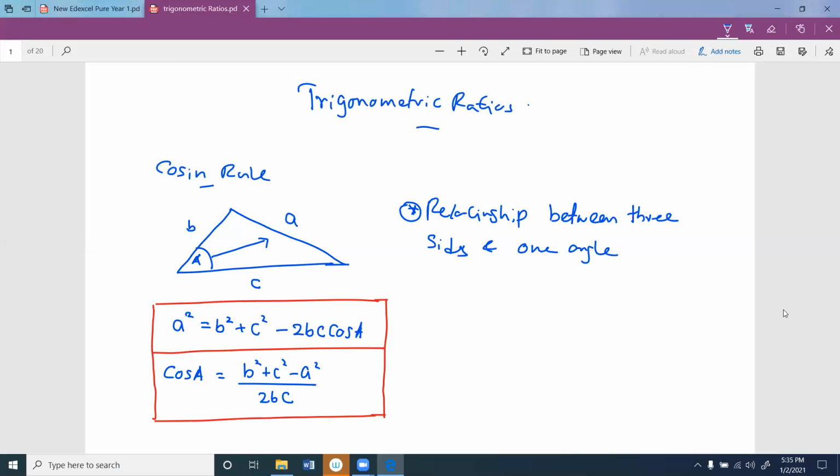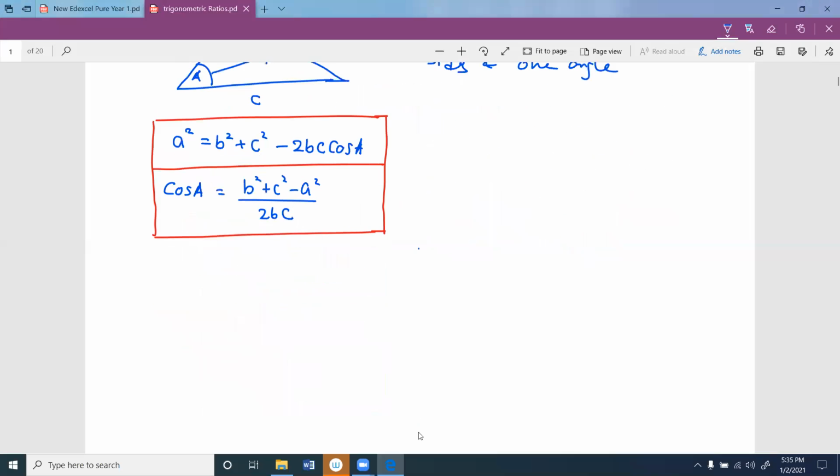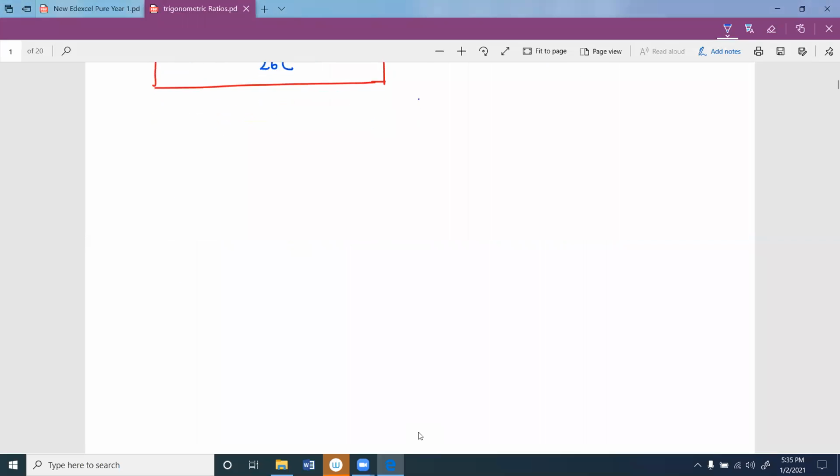Let's try to understand this relationship. If you come up with one example, suppose there is a situation just like this.